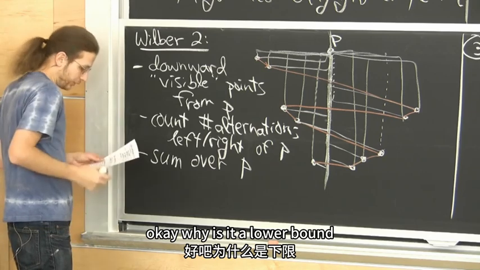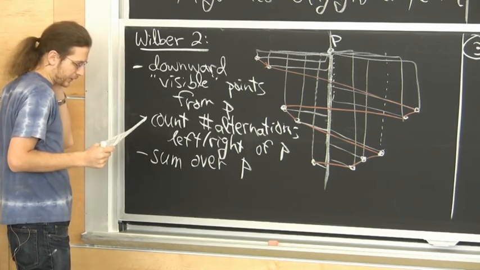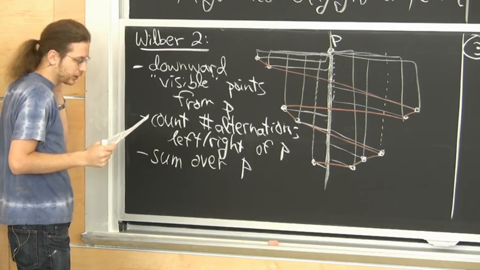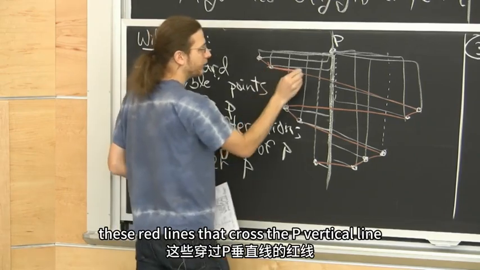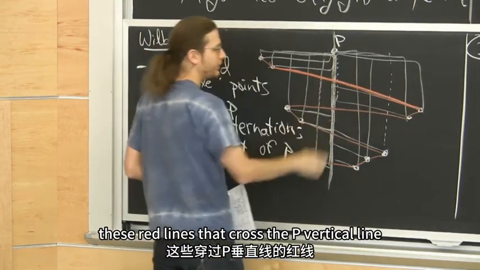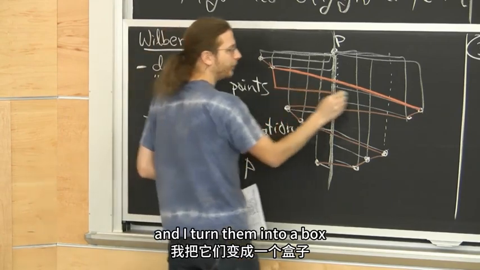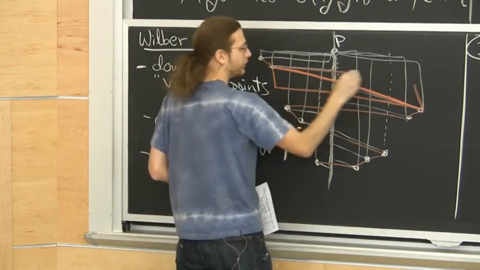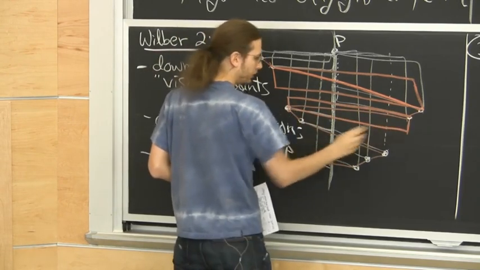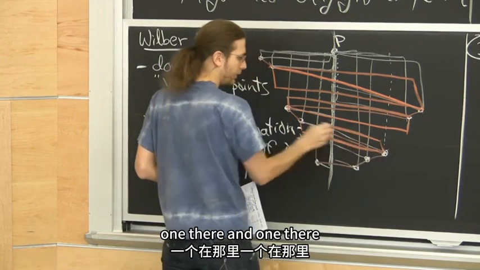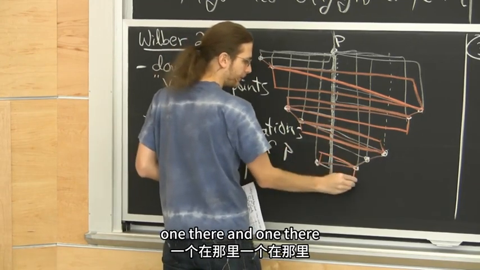Okay, why is it a lower bound? Essentially, I take each of these red lines that cross the P vertical line, and I turn them into a box. So there's one there, one there, one there, and one there.